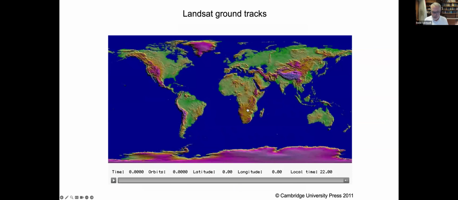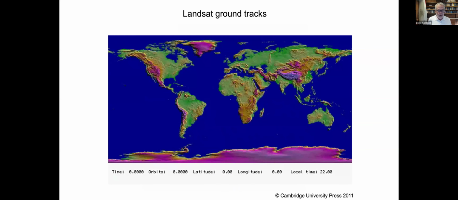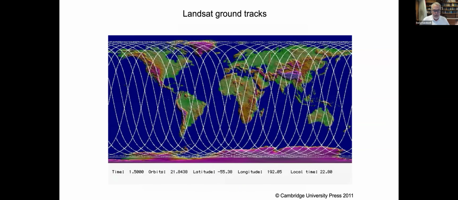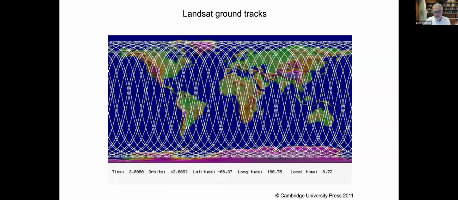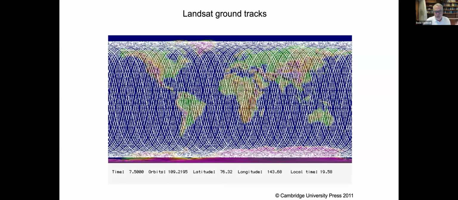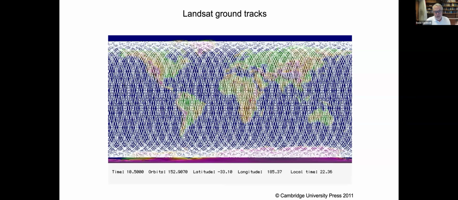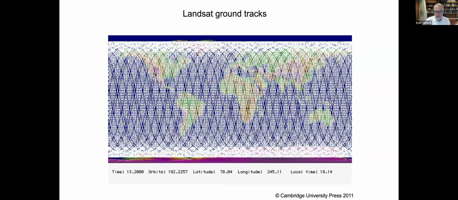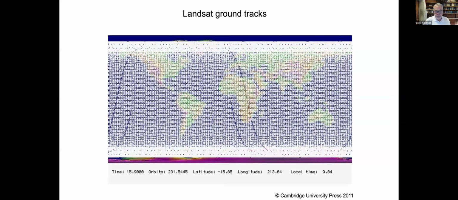It's actually an exercise in the book that's sort of fun to do. You can code this in MATLAB, but you can put in the satellite orbit parameters like its inclination and its altitude and the rotation of the Earth and create one of these ground track maps. This happens to be a Landsat ground track, and it orbits the Earth once every 16 days. And it looks like there's 232 orbits in that 16 days. So that's one particular ground track for this optical remote sensing satellite.